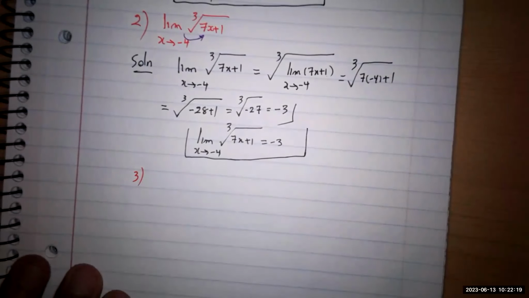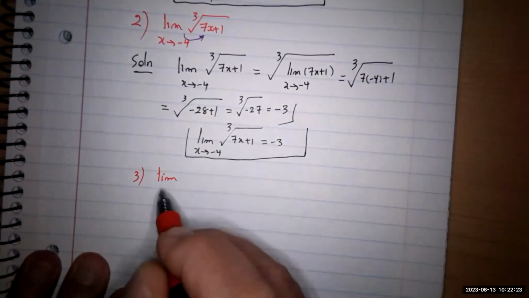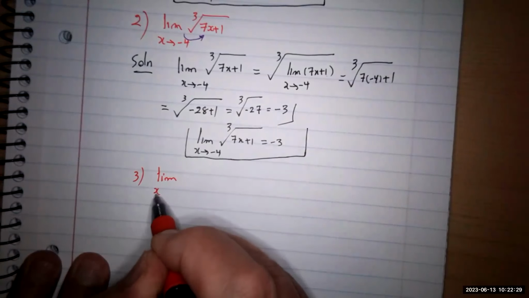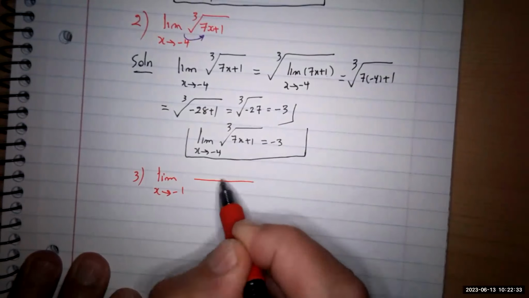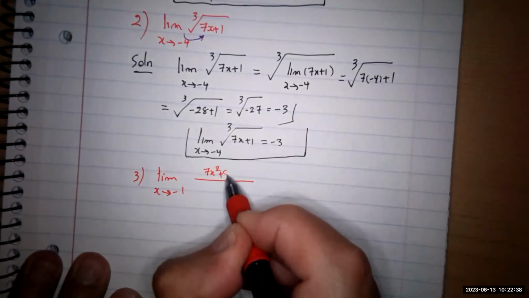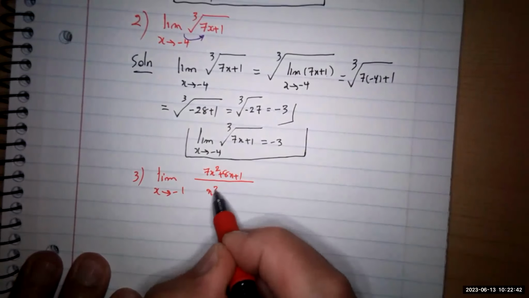So how about the quotient? You want to take this one, the limit of, let's say, x goes to -1, of 7x squared plus 8x plus 1 divided by x squared plus 5.